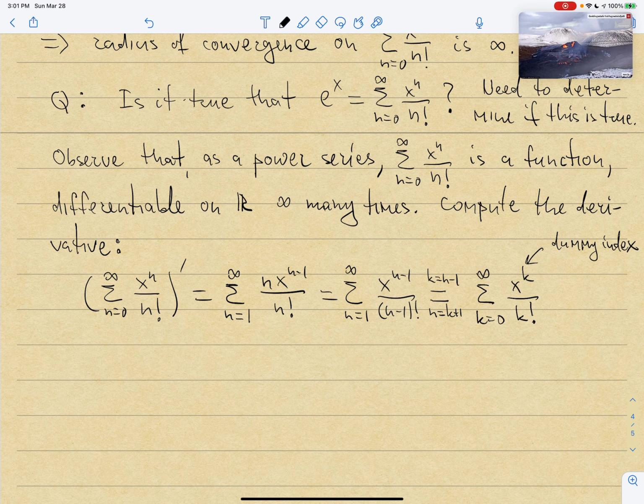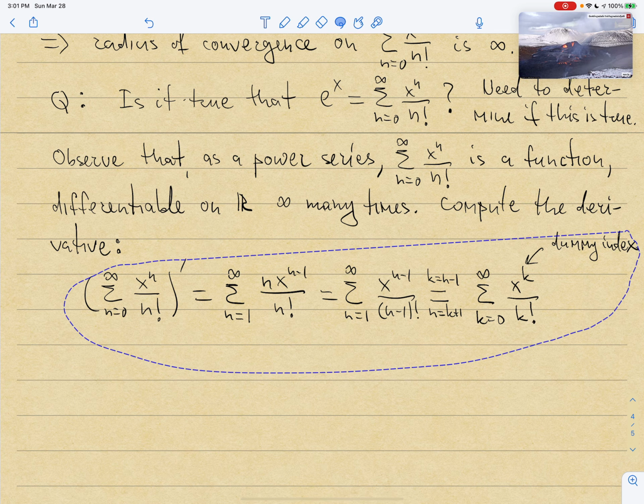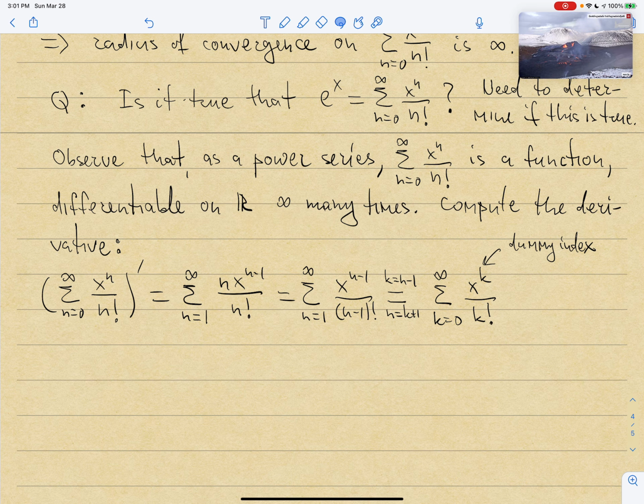And in fact, I can replace k by any other letter that I wish. It's not going to change anything. Well, in particular, I can change k to n. So then I get sum n from 0 to infinity, x to the n over n factorial.